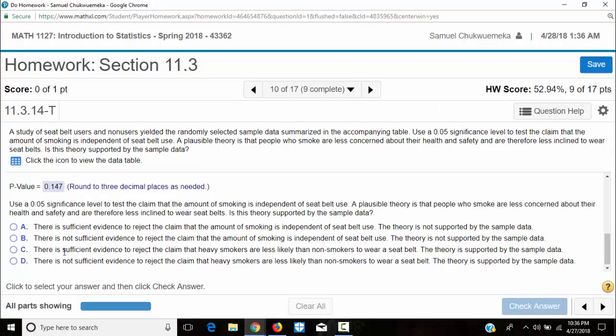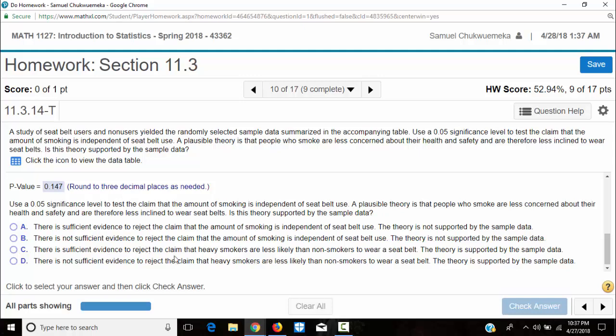Now let's look at the options. There is sufficient evidence to reject the claim that the amount of smoking is independent, but we don't reject the null. There is not sufficient evidence to reject the claim that the amount of smoking is independent of seatbelt use.